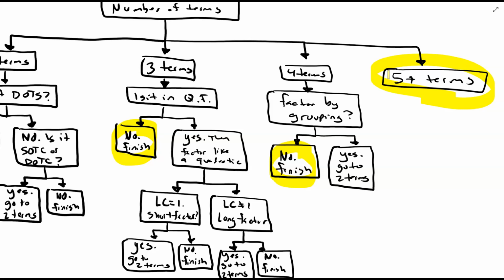We'll develop some methods to handle that. If I have a polynomial with 5 or more terms, could still be factorable, we're going to develop some methods to handle that situation. So that's what we're going to be working on over the next week or so, figuring out some methods to extend this factoring tree and be able to factor more polynomials than we could using just these techniques.